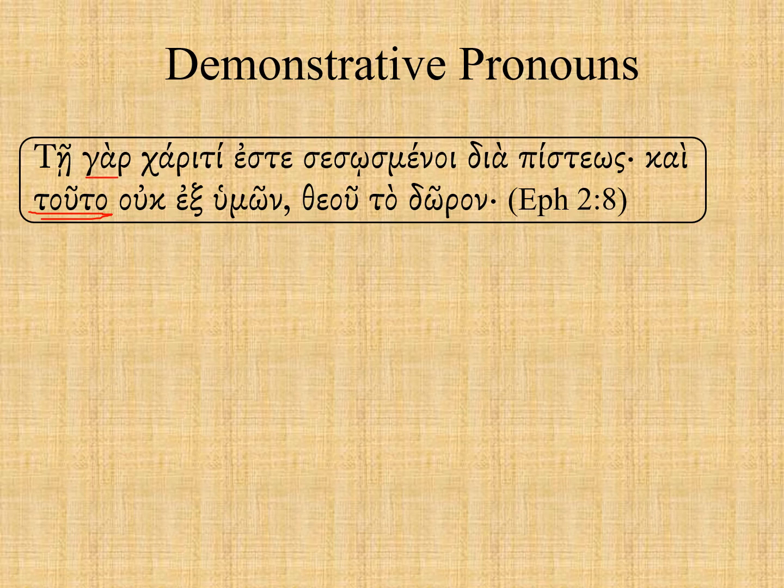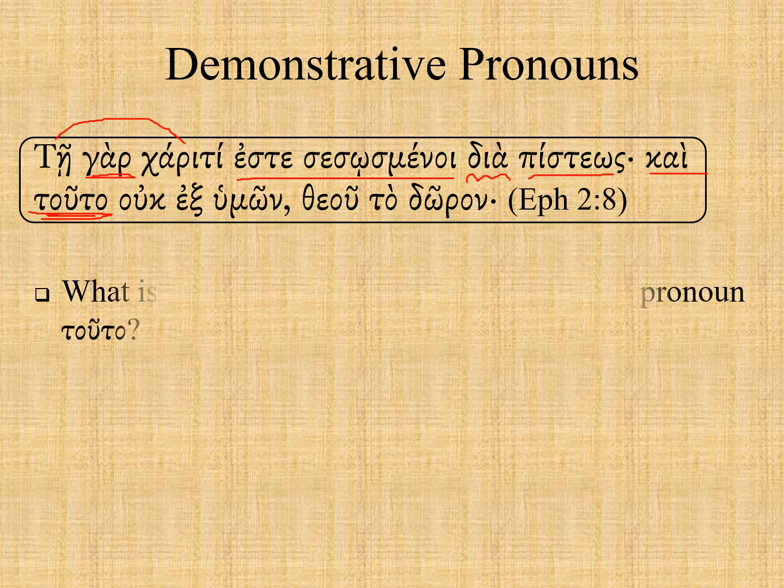So you have gar, which is for, te chariti, by grace. Este sesosmenoi, you are saved, or you have been saved. Dia, through faith. And this, ouk ex humon, is not from you. Theou to doron, of God, the gift.